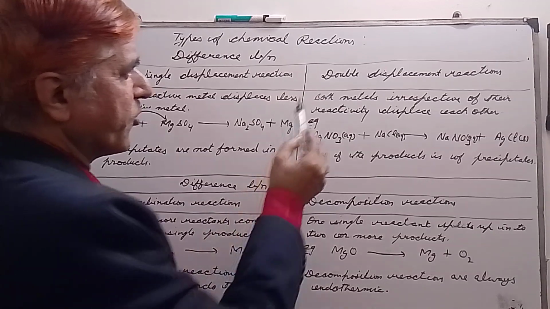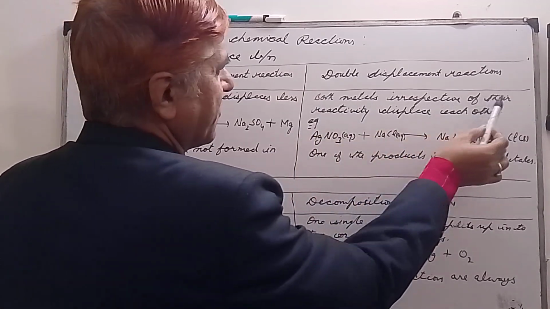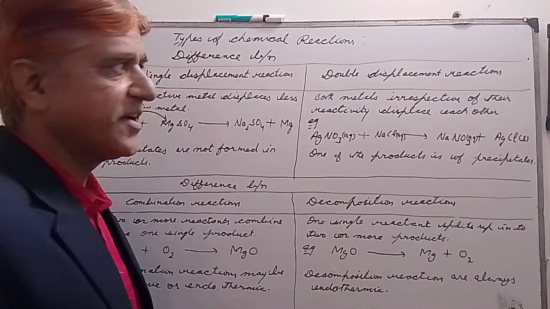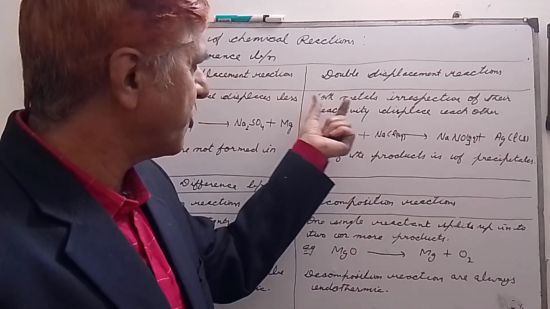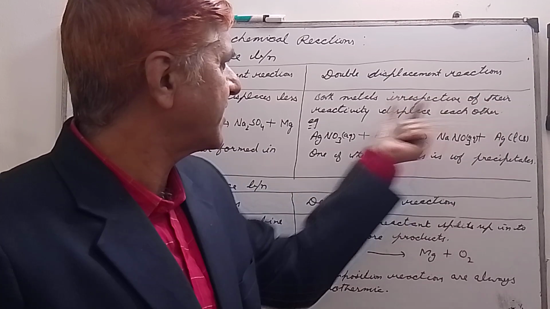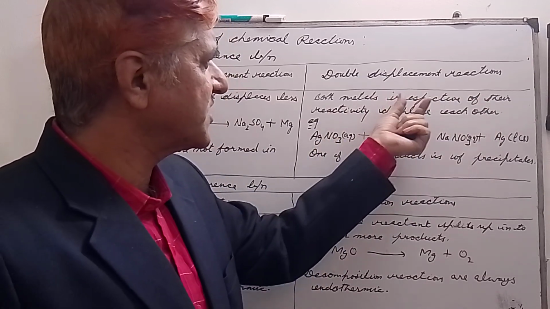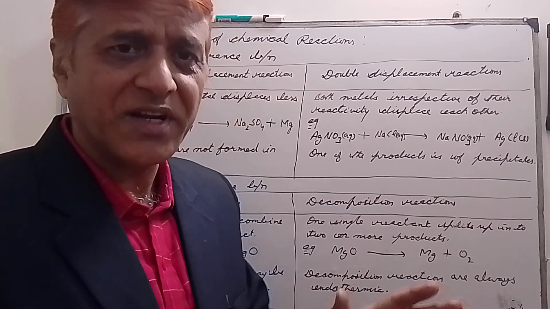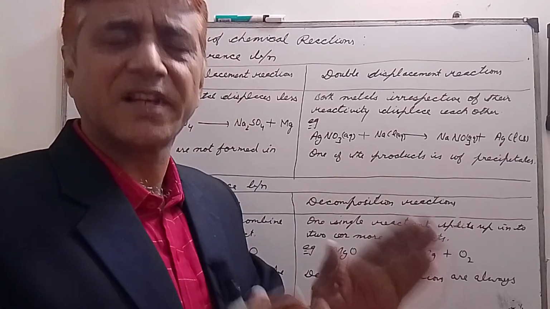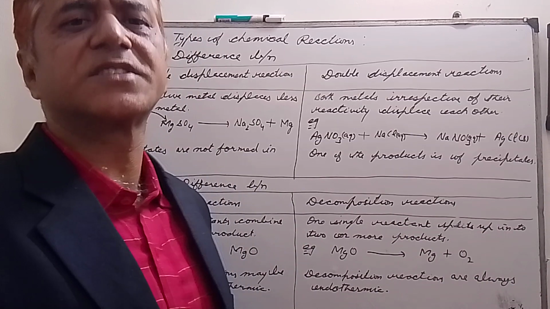And here in double displacement, both metals displace each other irrespective of their reactivity. What is the meaning of irrespective of their reactivity? It means that it does not matter which metal is more reactive and which is less reactive. Both will displace each other.